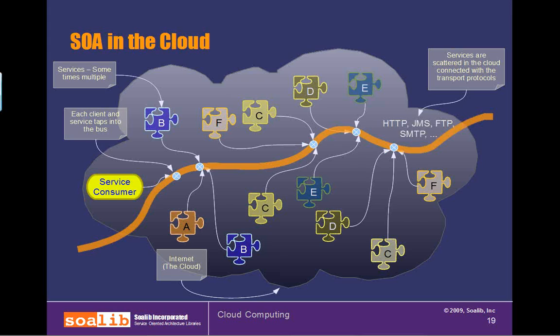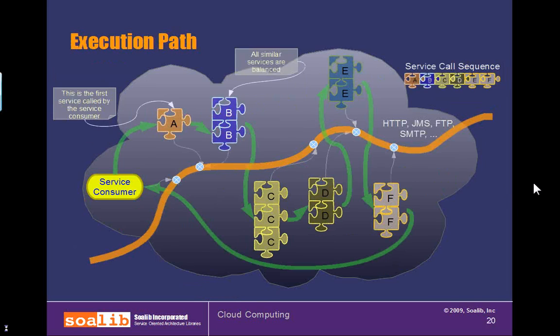The F service then processes the information which the consumer provides, and the return path is the same as it went to F. This model is similar to what really happens now. There isn't much difference. And this is the execution path.